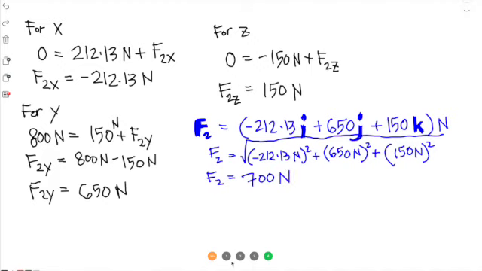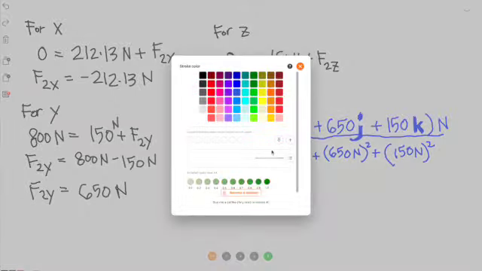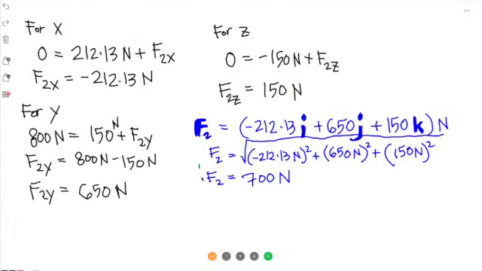Okay, now that we have the magnitude, we can solve for the direction angles.